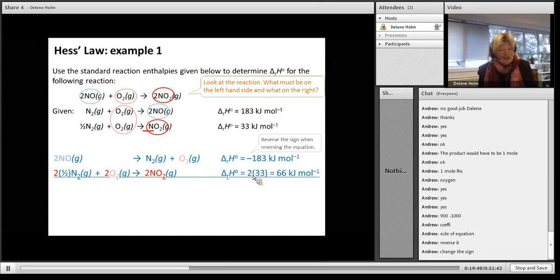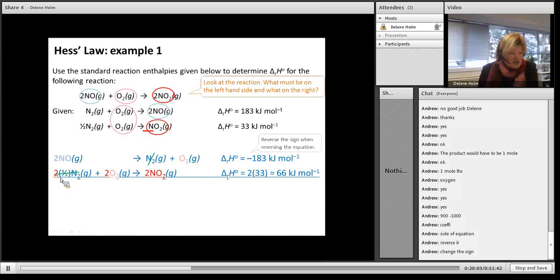Now I check, does everything cancel to leave me with the equation I want? So I've got N2 on the right hand side, gas, and I have got 1 N2 on the left hand side, because 2 times a half is 1. So the N2s cancel, which is great. Then I have got 2 oxygens on the left hand side and 1 on the right hand side.